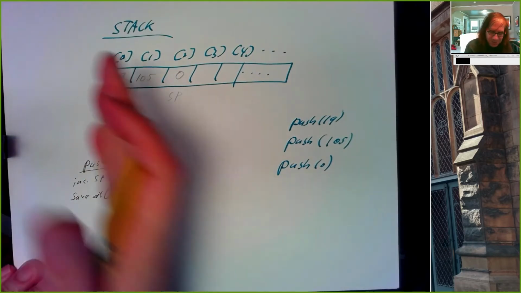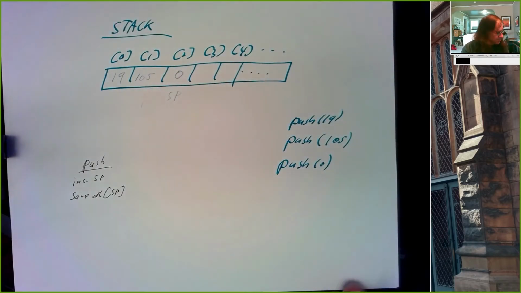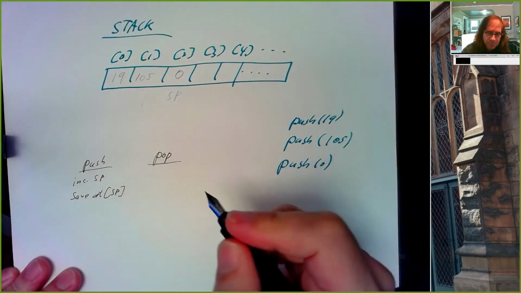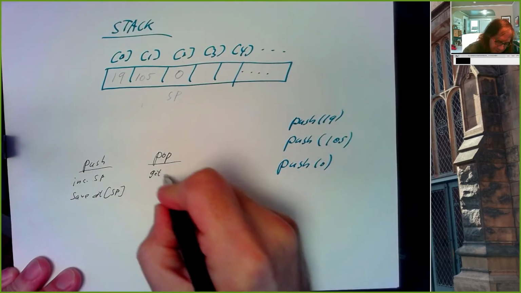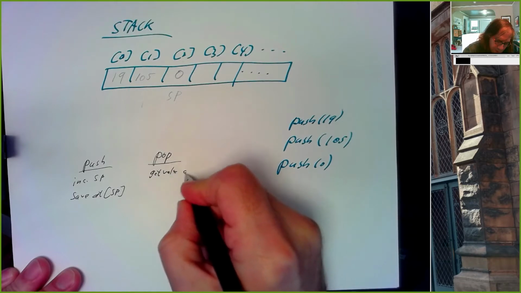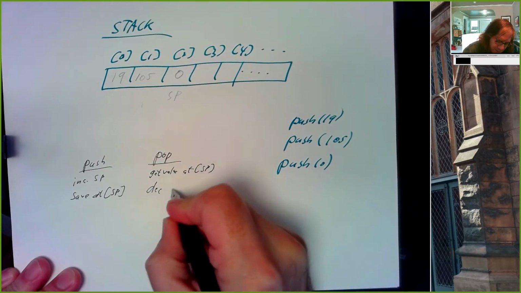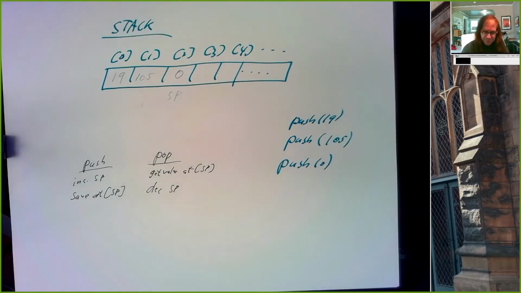All right, so push, very straightforward. Pop is the opposite. So for a pop instruction, we get the value at the position given by the stack pointer, and then we decrement the stack pointer.